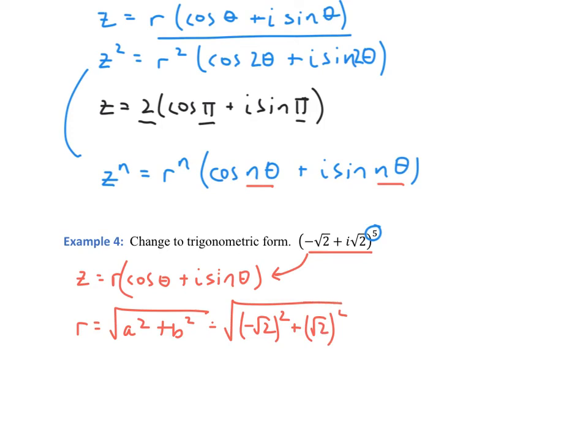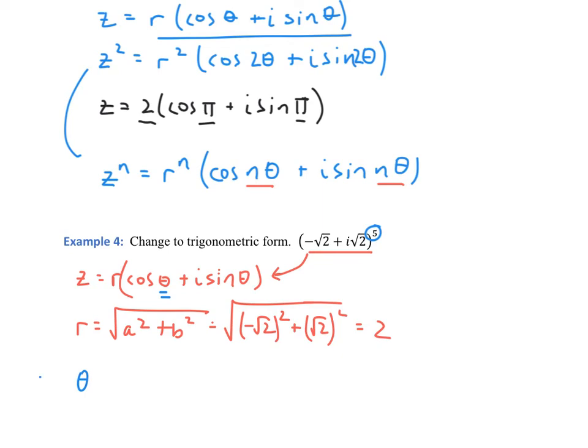So what is the square root of negative root 2 squared plus root 2 squared? Just 2, because you're going to get a 2 plus a 2 inside the radical, which adds up to 4, and the square root of 4 is 2. The other thing I'm going to need is my theta value. So how do I get theta?